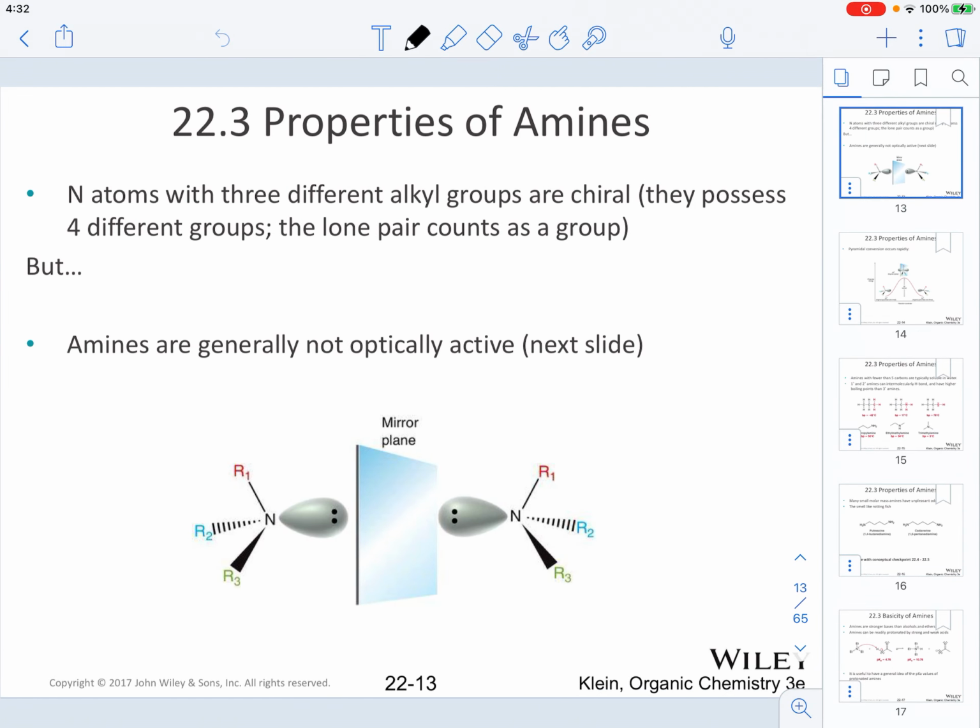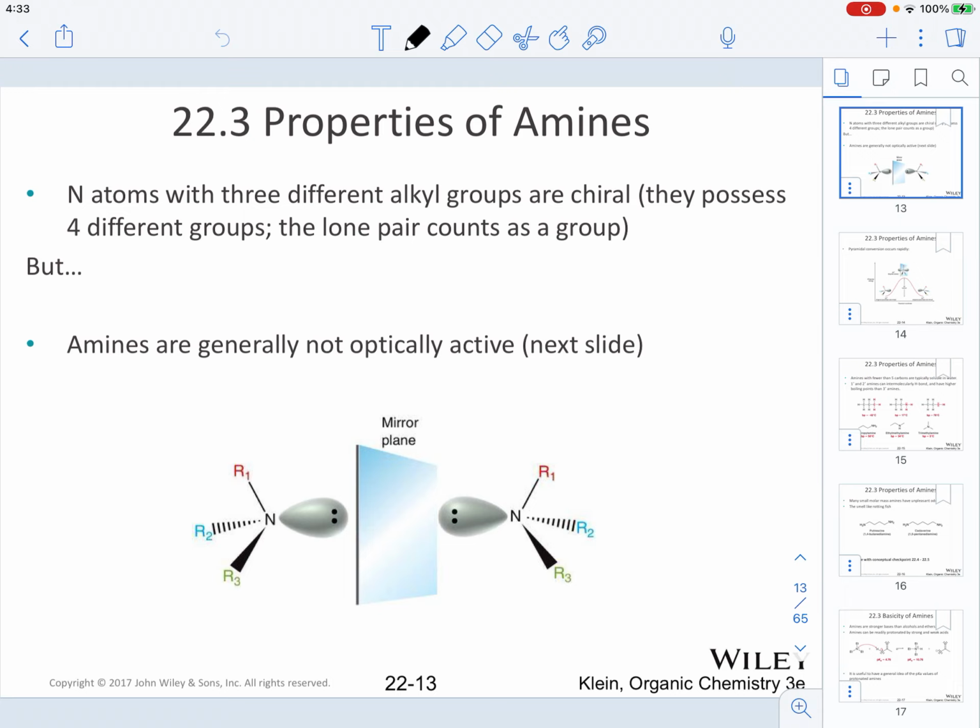Now, when it comes to this, we understand that a nitrogen atom with 3 different alkyl groups is actually chiral. I know that this can come as a surprise because for the most part, when we think of chiral atoms, we think of a carbon atom having 4 different groups.